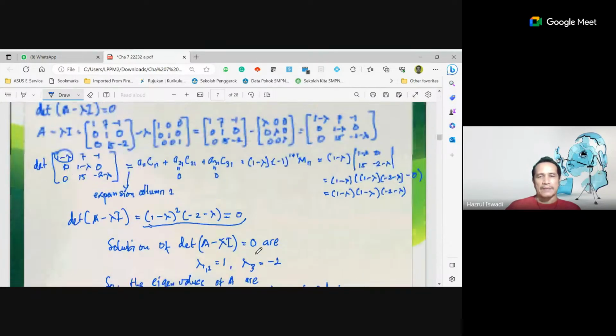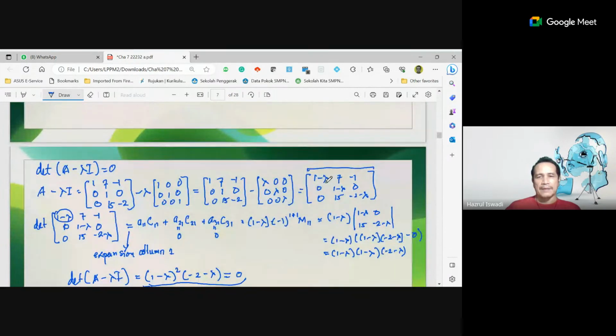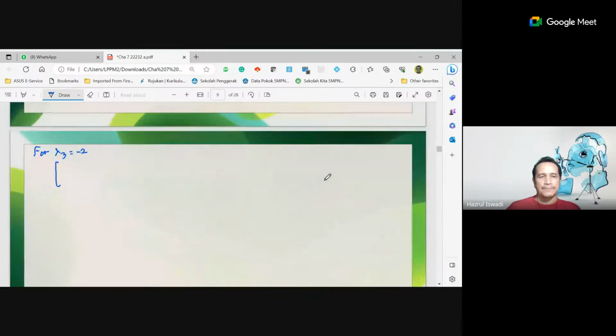So I replace lambda by -2. 1 minus minus 2 is 3. 3, 3, 3, 7, and minus 1.